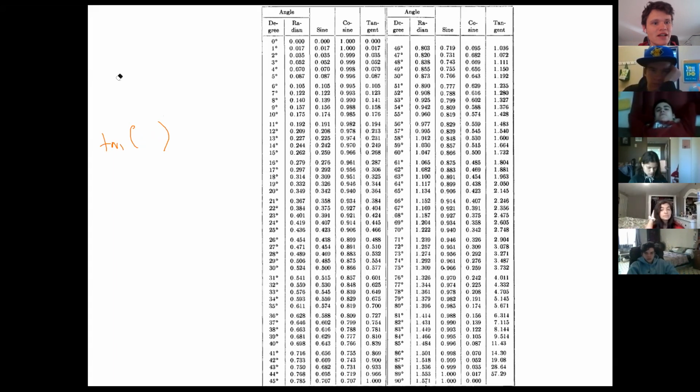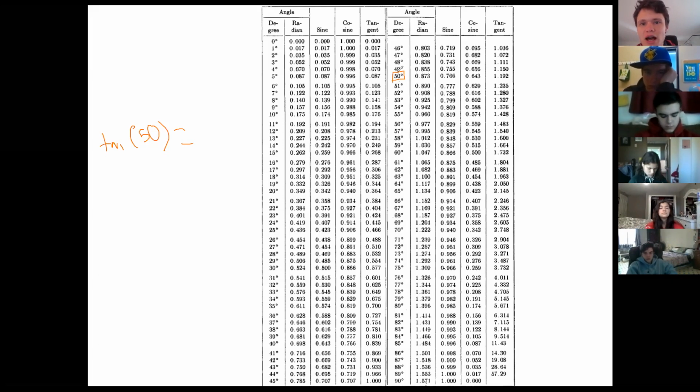So let's see what it actually is. I thought it was something nice. If we wanted to find tangent 50, what you do is you find the angle. Here it is, tangent 50, right? And yeah, it's degrees. We're going over to tangent. Here it is. Tangent 50 equals approximately 1.192, right?